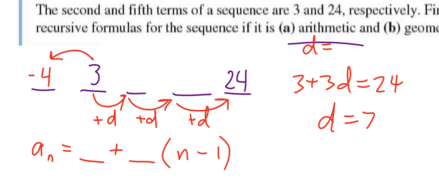What do we put in the first one? -4. What do we put in the second one? I do not require that you distribute the 7 and add like terms. You can stop right there.